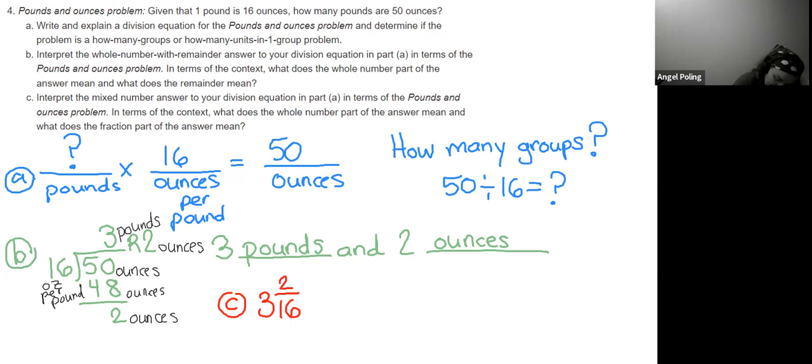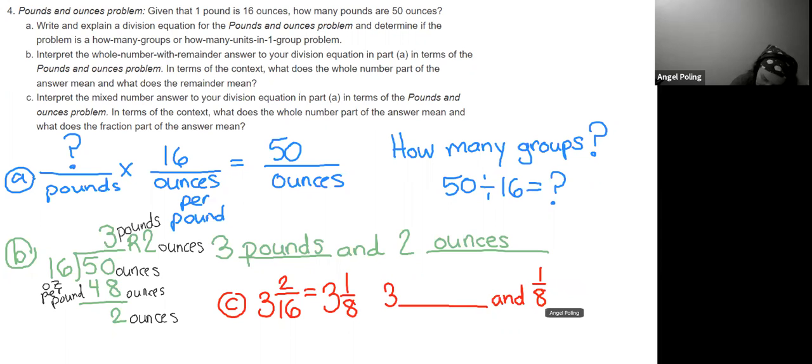What is the 3 and what is the 2/16, right? We can reduce this to 1/8 if you like, but then you're saying, again, give yourself the form 3 blank and 1/8 blank, right?